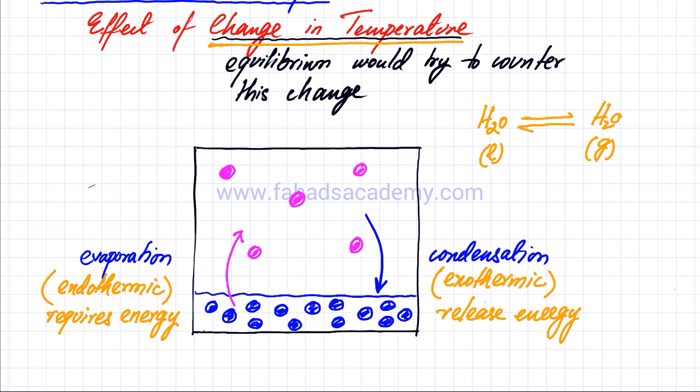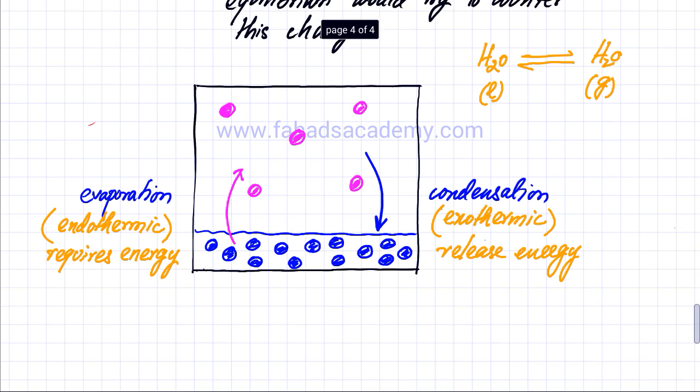So let me reiterate. Evaporation is endothermic. Liquid water molecules gain energy and then get converted into steam. Whereas condensation is exothermic. Steam molecules are going to lose energy and then condense and fall back into liquid state. So we have one reaction which is exothermic and another which is endothermic.